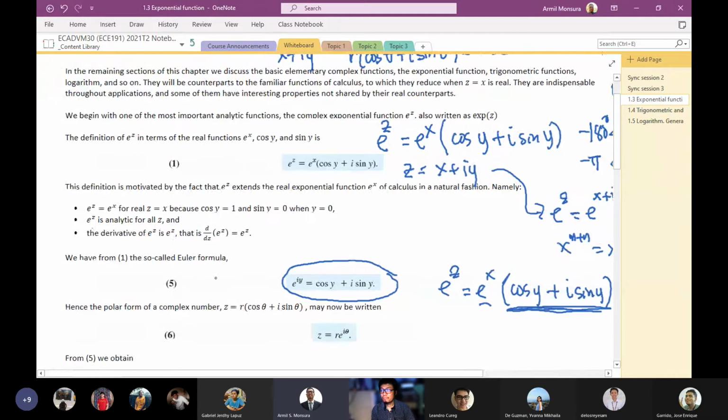That is why we have this as your Euler's formula. That is the consequence of our definition. Is that clear?